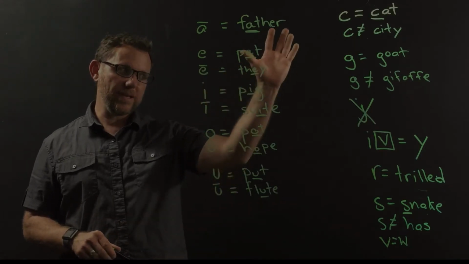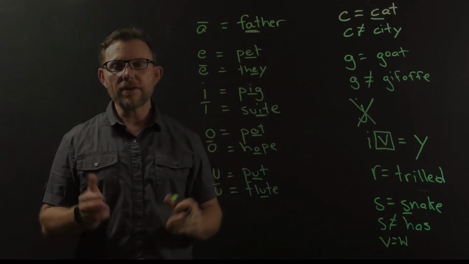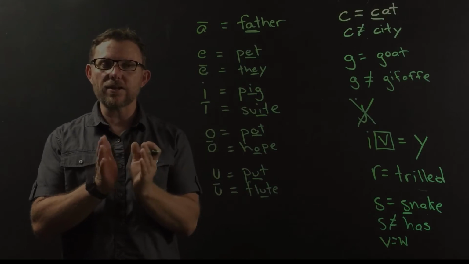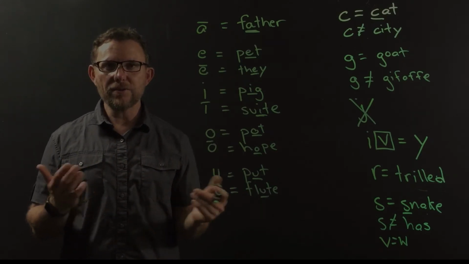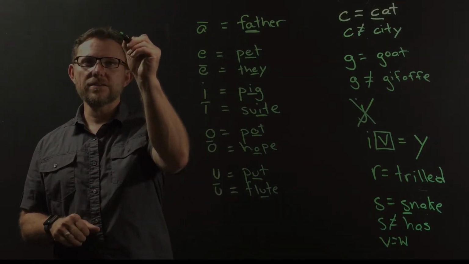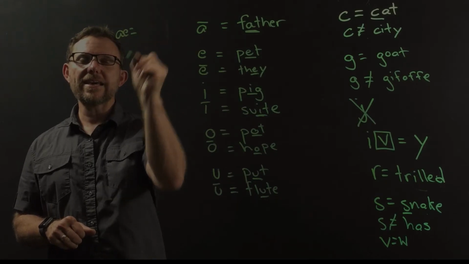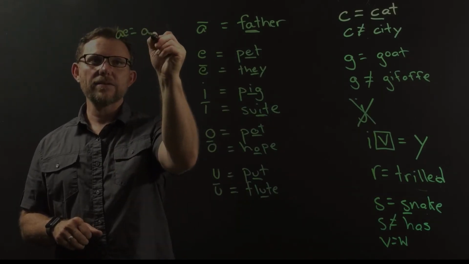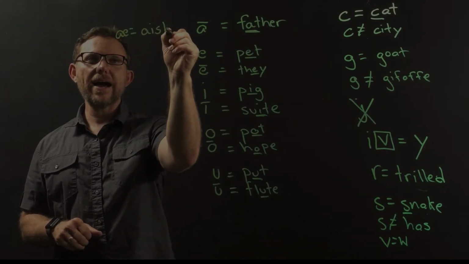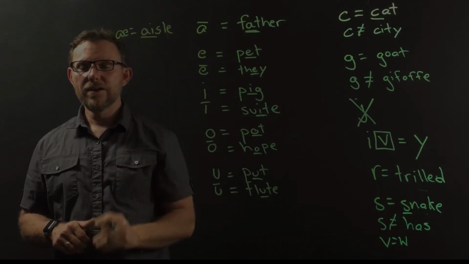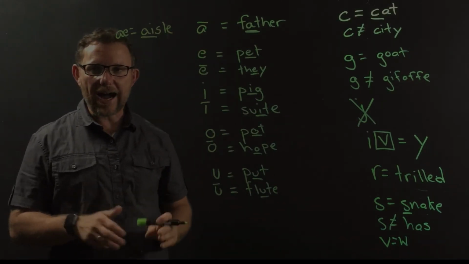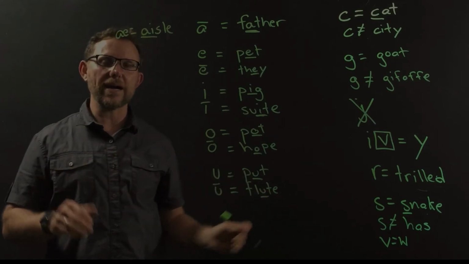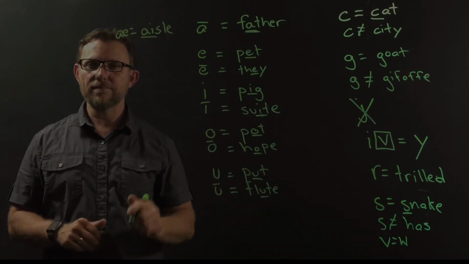Now these are the sounds of the letters. But there are times when two letters come together to make a unique sound. So for instance, when the letters A and E come together, they make the sound that we see the letters A and I make in the English word aisle. So AE says "eye". And that's one that we'll see all the time, so you need to try to remember that.